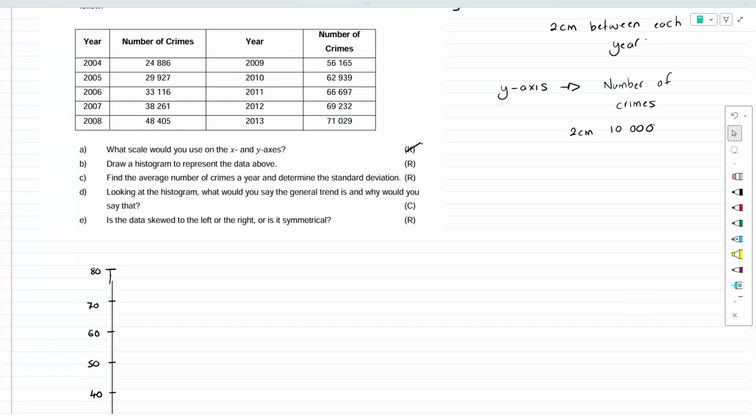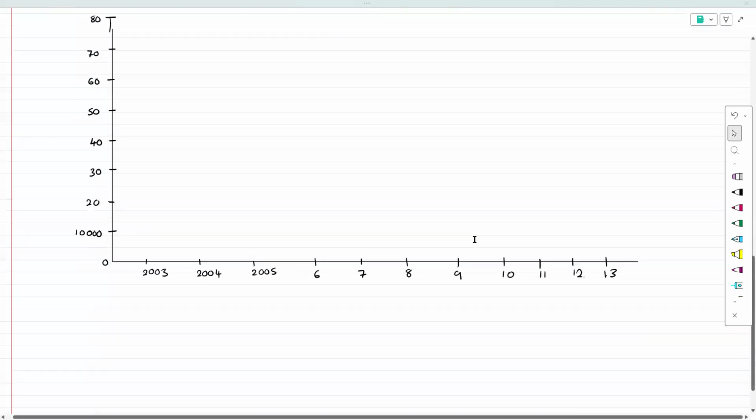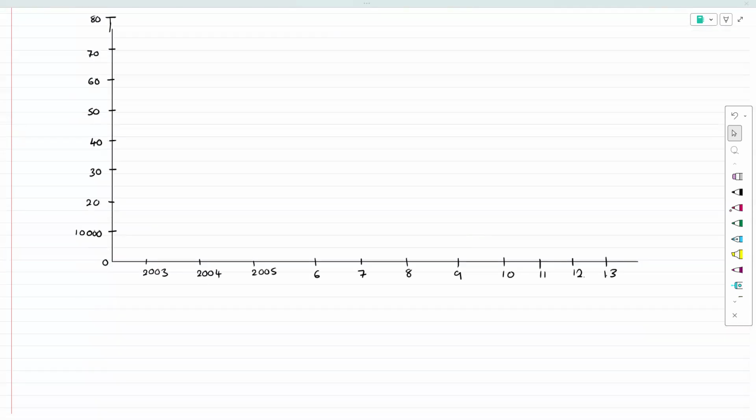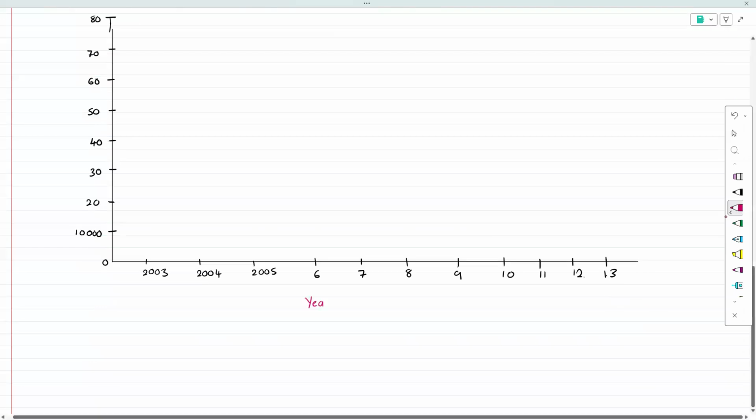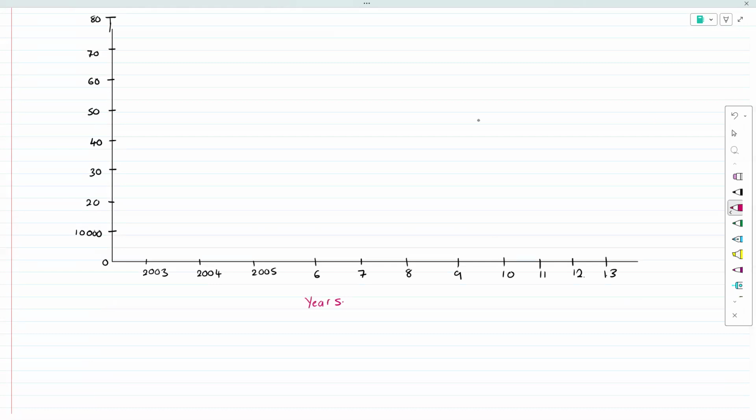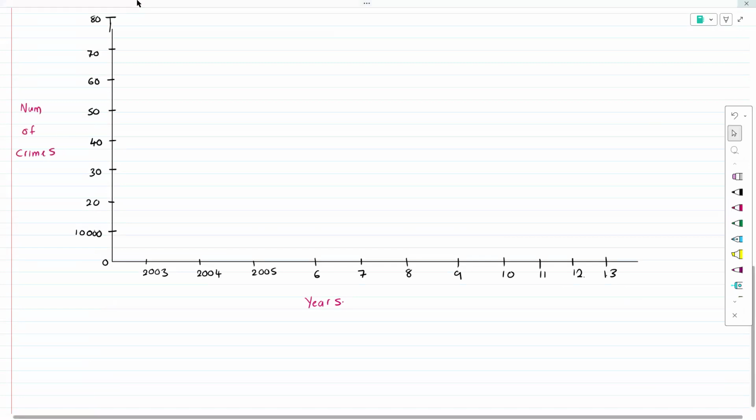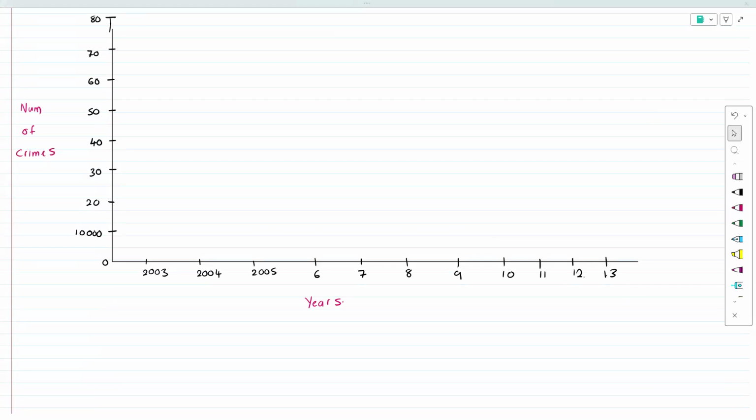So quite simply, remember marks come from labeling. So this is the years. Okay. So we can put number of years. This is the number of crimes on the y-axis. And I'd like you to learn to always label your graph, name your graph.